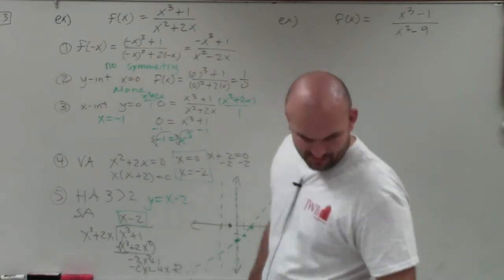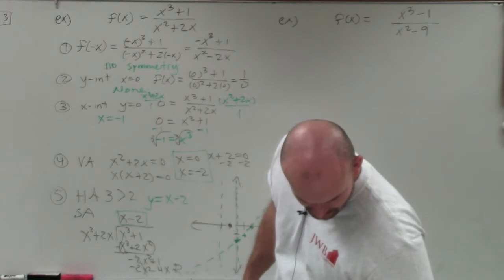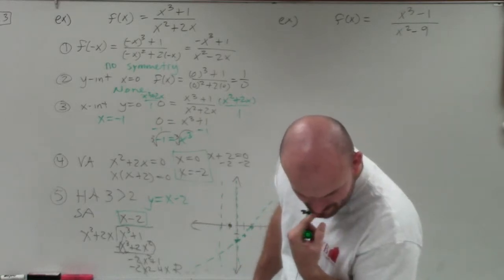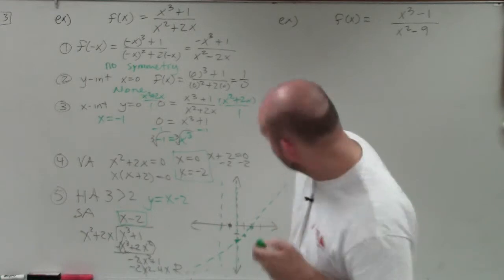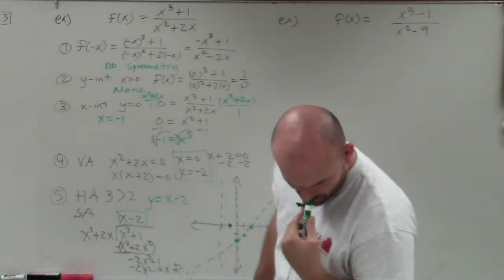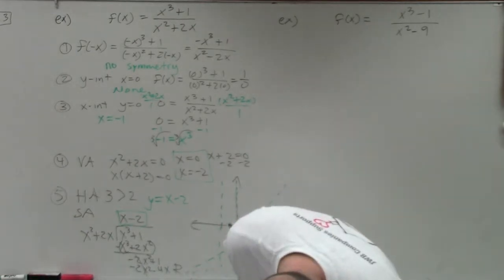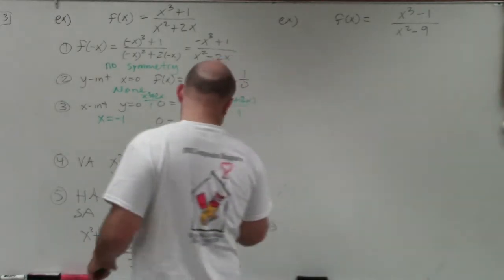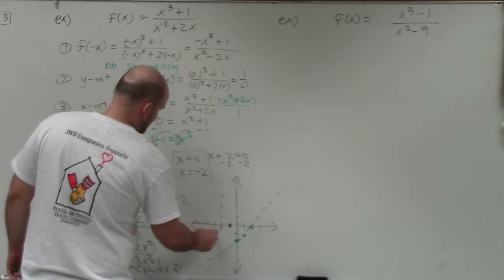I guess I can just pick a point. I thought I had -1. Yeah, I guess I'll just have to pick a point. All right, I'll just pick a point, and then I'll do -1, -2, -3, and -4.